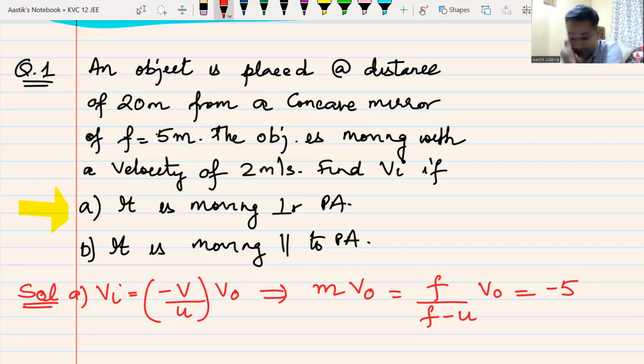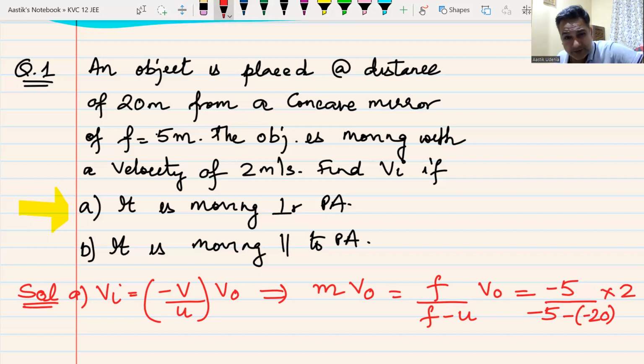So f is minus 5, divided by minus 5, u is minus 20, into v0 which is 2. So minus 5 plus 20 is plus 15.